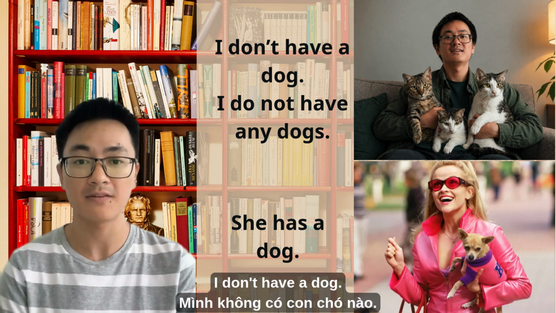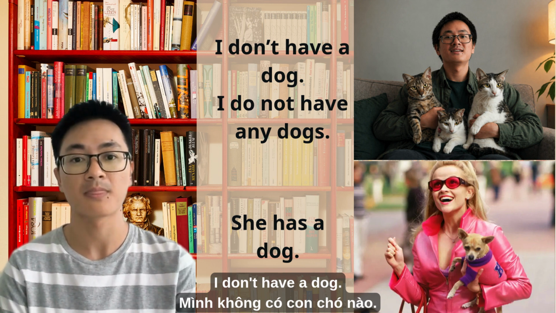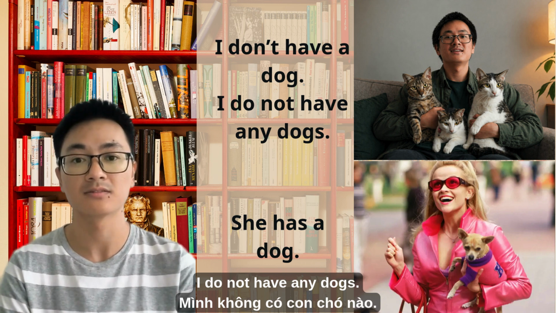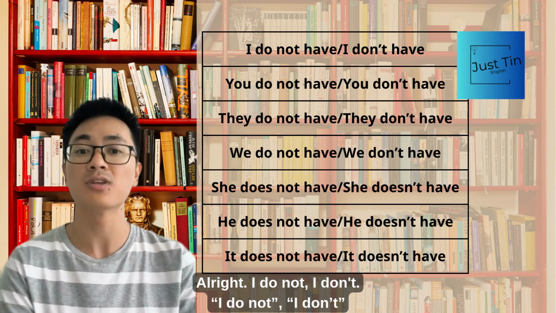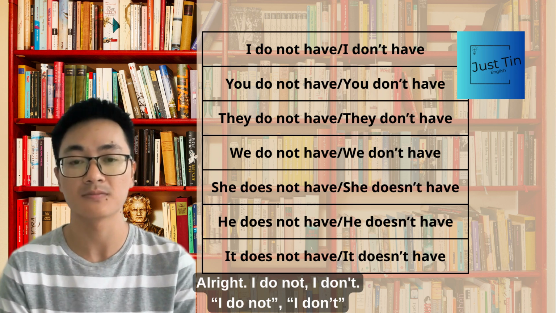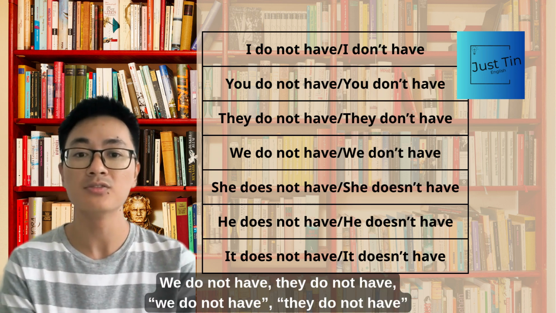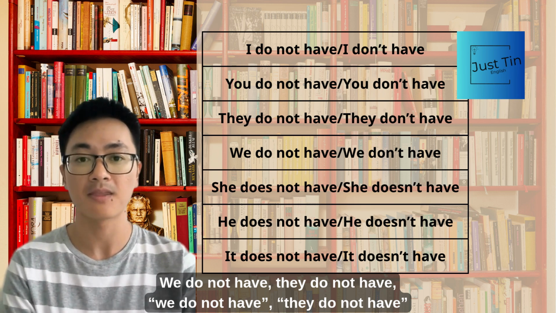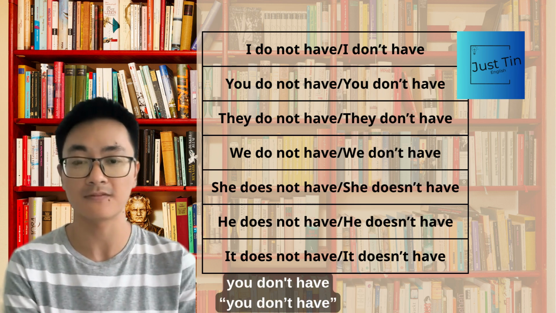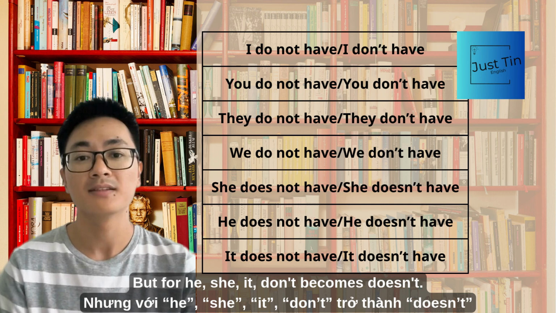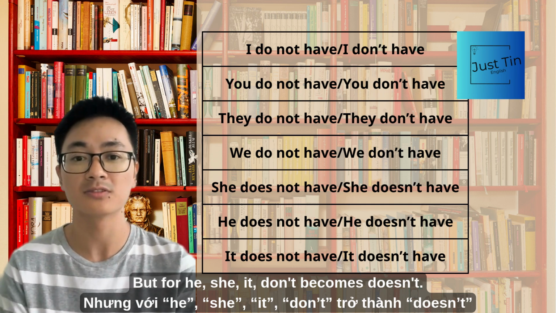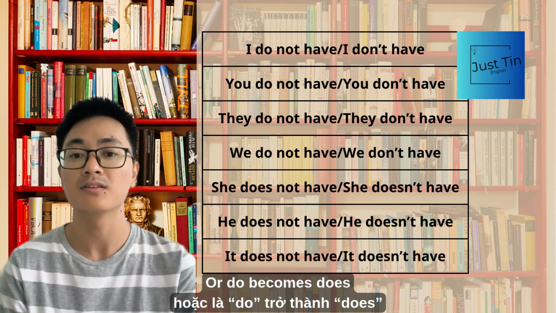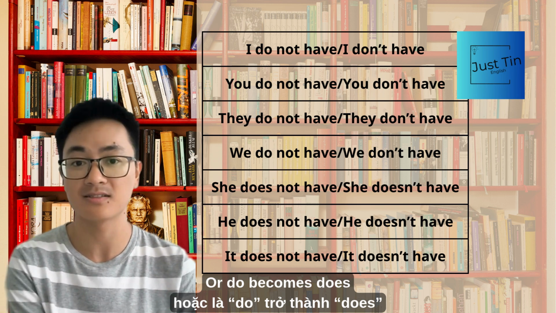I don't have a dog. I do not have any dogs. I do not, I don't. We do not have. They do not have. You don't have. But for he, she, it, don't becomes doesn't, or do becomes does.